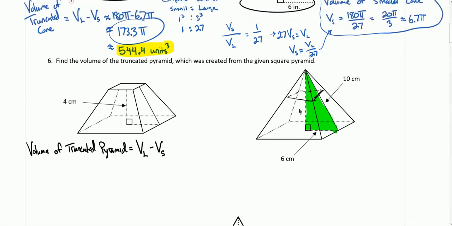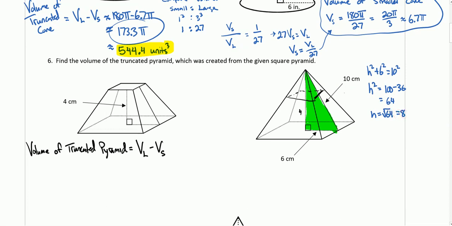So let's let h be the height of that large pyramid, and we know that h squared plus 6 squared is equal to 10 squared. The sum of the squares of the legs of a right triangle is equal to the square of its hypotenuse. So h squared is 100 minus 36, which is 64. So take the square root, and h is the square root of 64, which is 8.